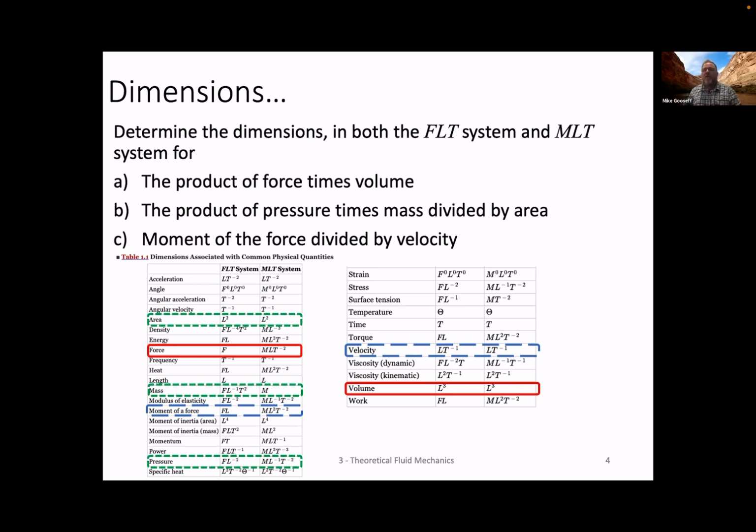As an end result, they should all work out, but one will have dimensions of mass, and one will have dimensions of force. Remember, force can be represented as mass as well, but it also includes length and time, so it might just be a little more complicated. Let me show you as we go through these.